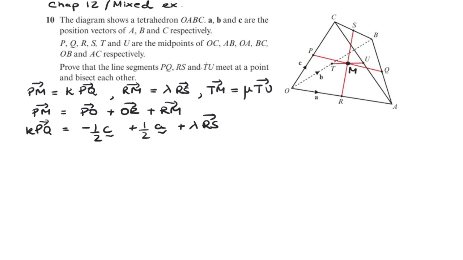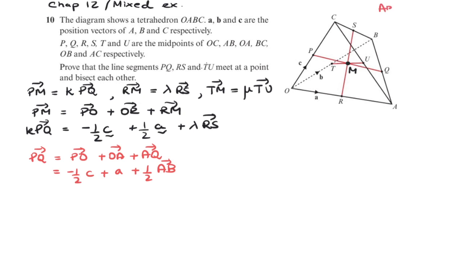PQ, I'm just going to do it in a different color. PQ can be written as P to O plus O to A plus A to Q. That is, again, minus half of C plus A plus half of AB, yet another unknown. If I want to find AB, I can write that down on the side.